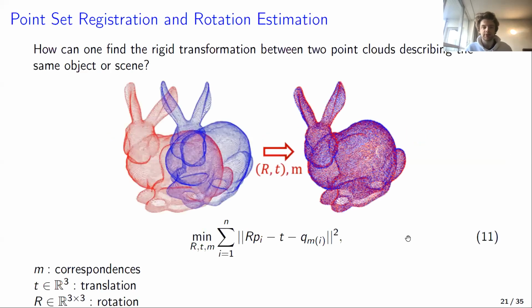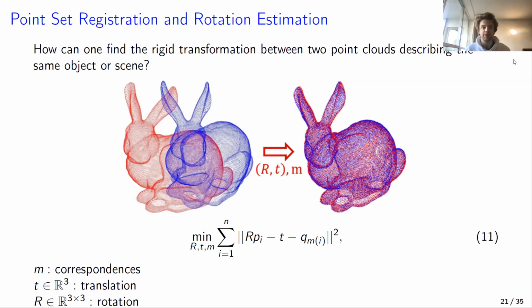Now about point set registration and rotation estimation. First, what is point set registration and rotation estimation? For example, here we can see a 3D scene. We have a 3D point cloud of a bunny, and now we want to find a rotation, a translation and a permutation such that those 2 point clouds align or completely overlap each other, like we can see here on the right hand side.